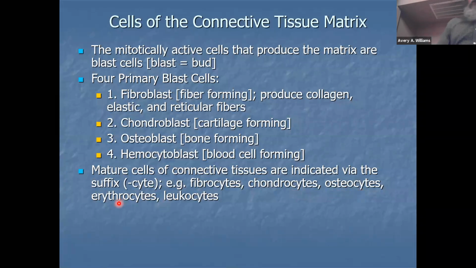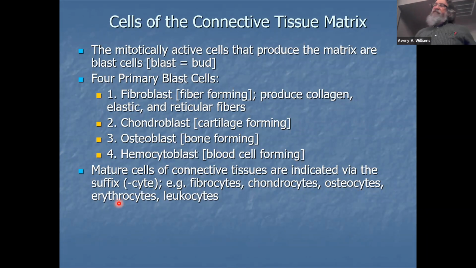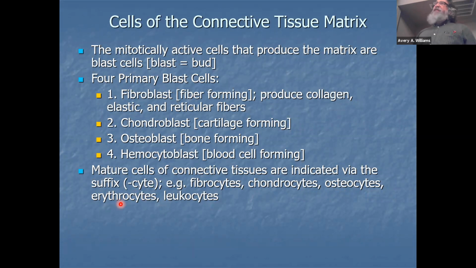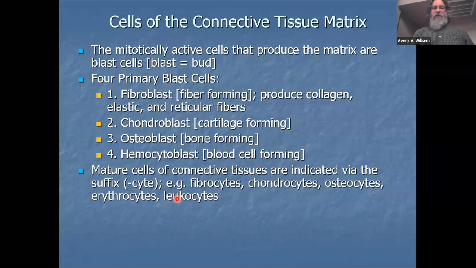Now, you don't have hemocytocytes. You have two different types of cells that are formed from hemocytoblasts. Okay, the blood cell forming cells, they form either erythrocytes or leukocytes. Okay, what's the difference between erythrocytes and leukocytes? Well, erythrocytes, those are your red blood cells, or RBCs, if you want to use the abbreviation.